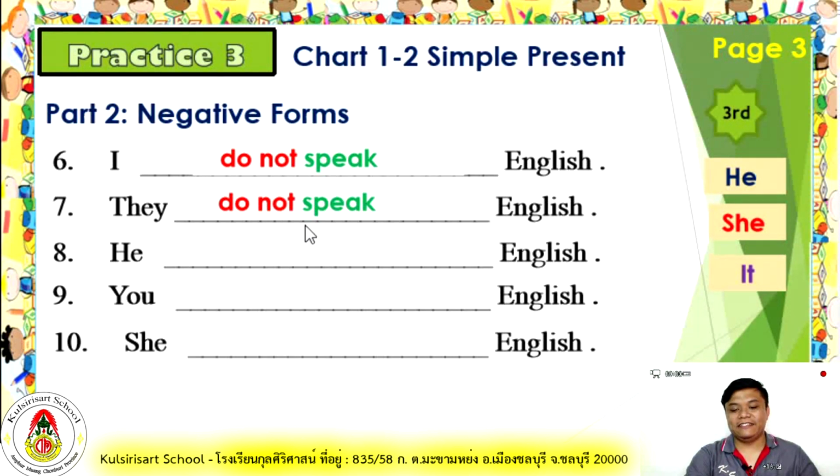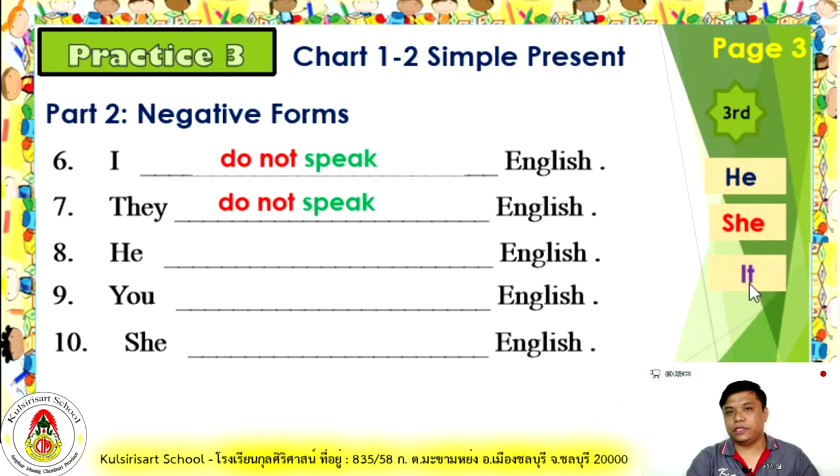And lastly, last example for the third person singular form of pronouns, we use what? Does. Okay? Remember, third person singular. He, she, and it.